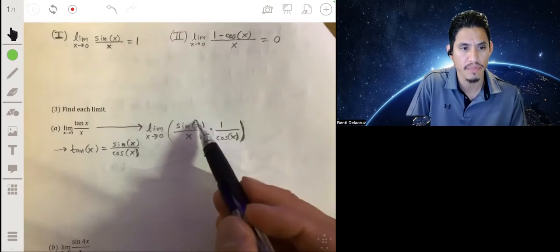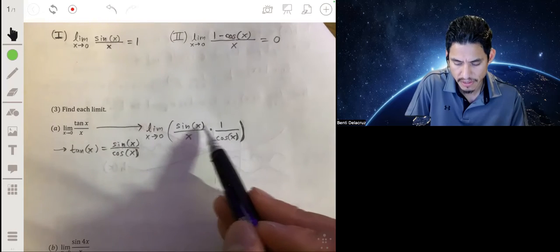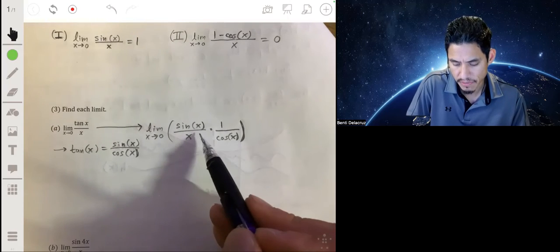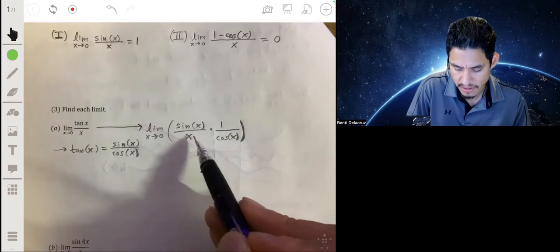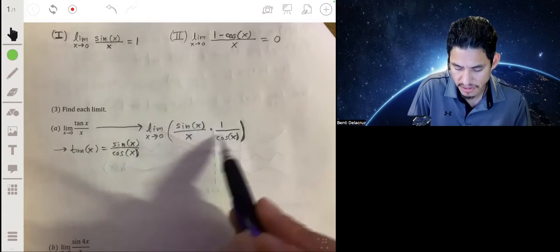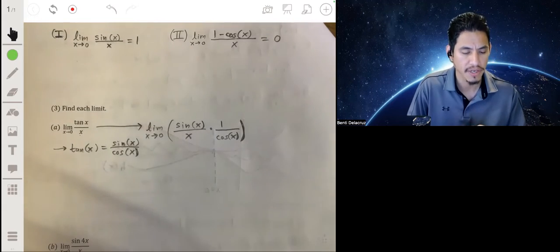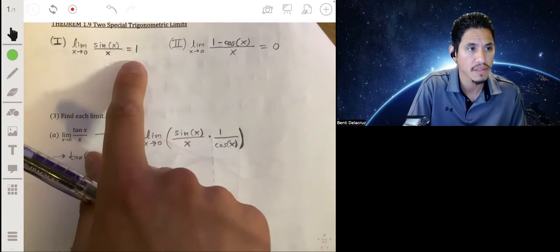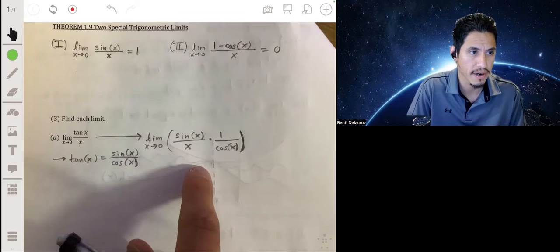See, we just broke this apart. We're being clever because sine of x times 1 is the sine of x, and cosine of x times x is just that same thing.